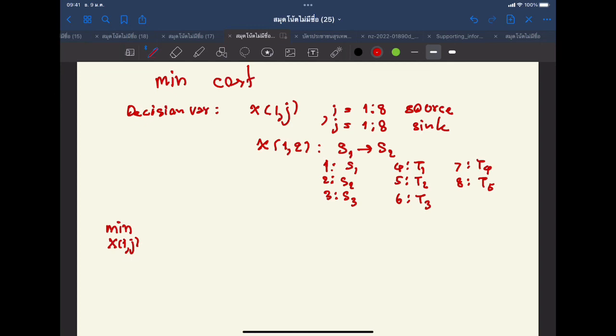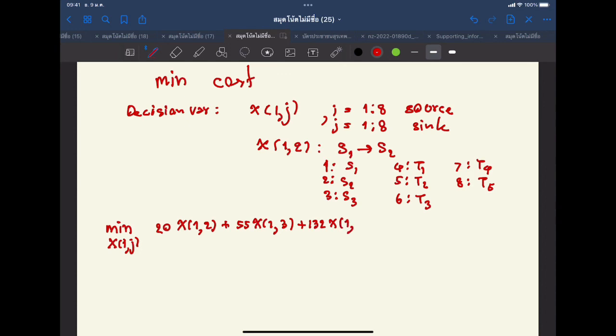We have S1 to S2, the cost is 20, so we have 20 of x12, plus the cost for shipment from S1 to S3, which is 45, x13, plus the next one, S1 to T1, the cost is 120, x14.